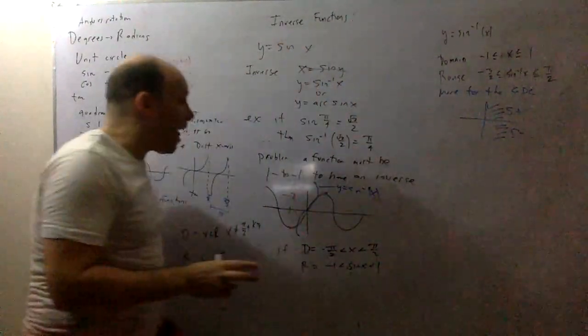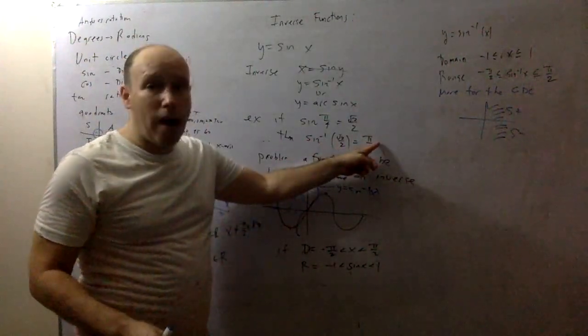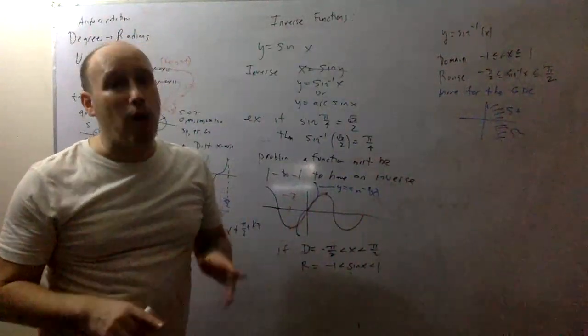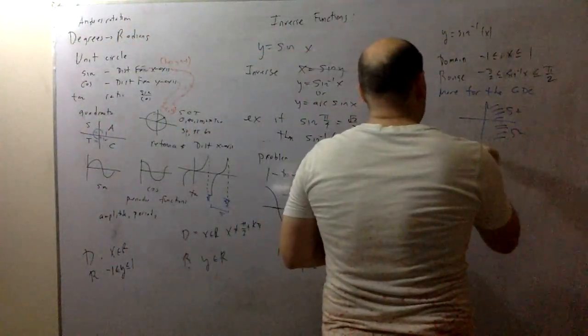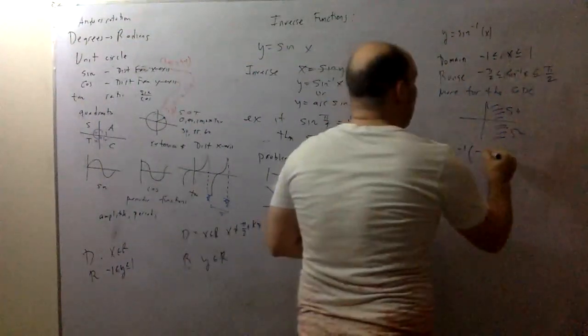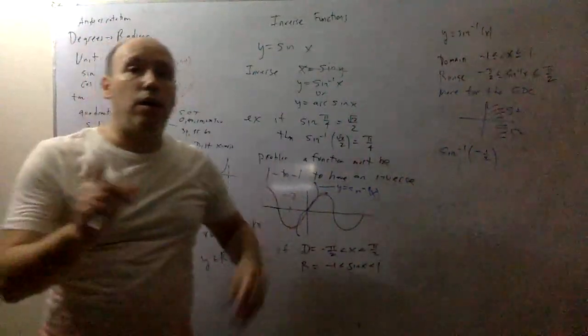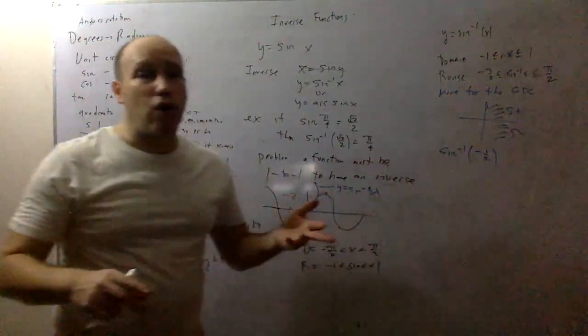So we'll see in the calculator, if I ask you the inverse sine of radical 2 over 2, it's going to give you pi over 4. It's not going to give me the second quadrant angle. That you have to figure out on your own. If I ask for the inverse sine of negative a half, you say, we know it's not in the first quadrant.